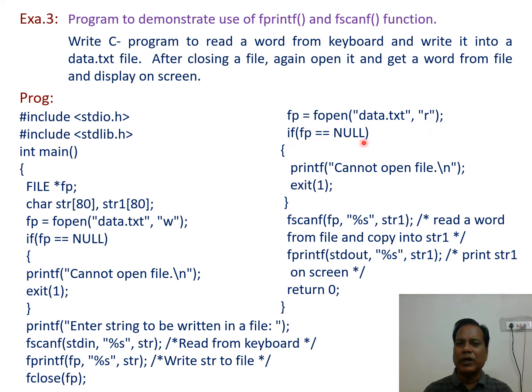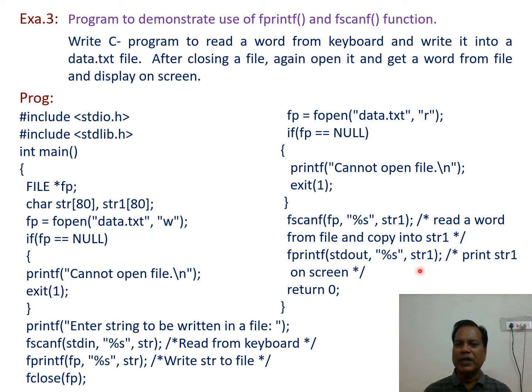If fp equals NULL, if this condition is not true, then fscanf(fp, "%s", str1), data is read and stored in the array str1. fprintf(stdout, "%s", str1). So the data read from the file is written on the output screen using the fprintf function, because here stdout, the standard output device, is the monitor screen.